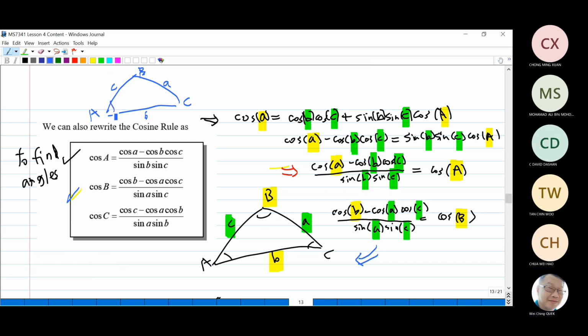So I use the color here, then let you see that this is actually coming from here, the yellow one, and this is a green one. Let me assign this to you.